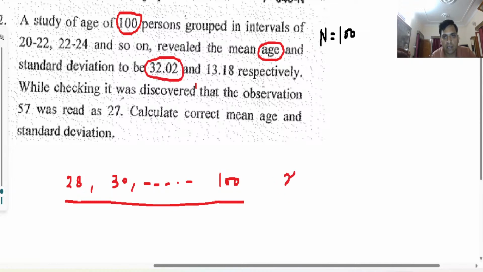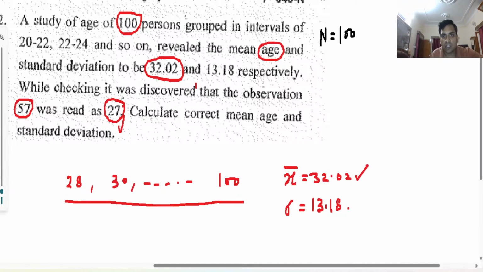This x bar is 32.02, and the standard deviation of this data, sigma, is 13.18. Now we find one observation was wrong and this was read as 27. This one observation is 57, but हमने उसको 27 नोट कर लिया है, और उस 27 के बेसिस पे ये x बार 32.02 आ रहा है और स्टैंडर्ड डेविएशन 13.18 आ रहा है.